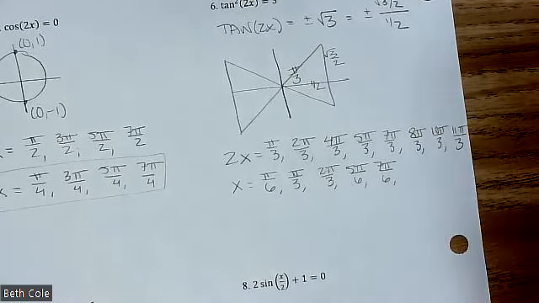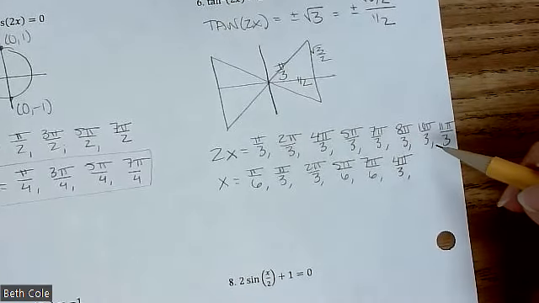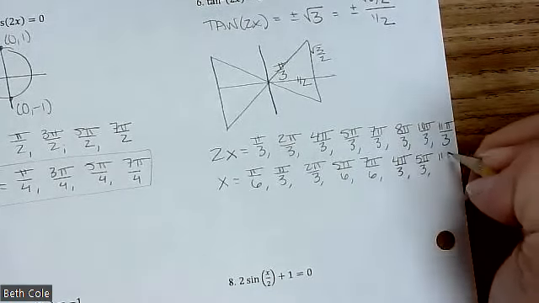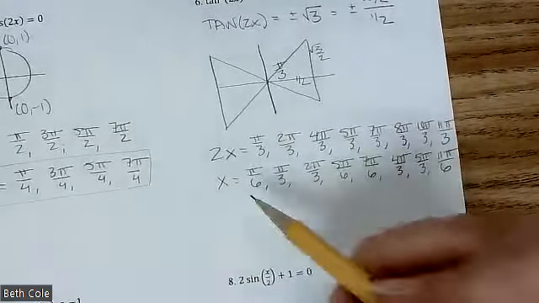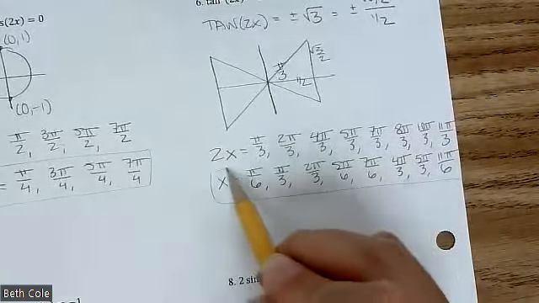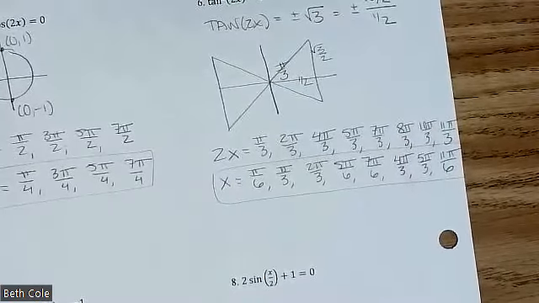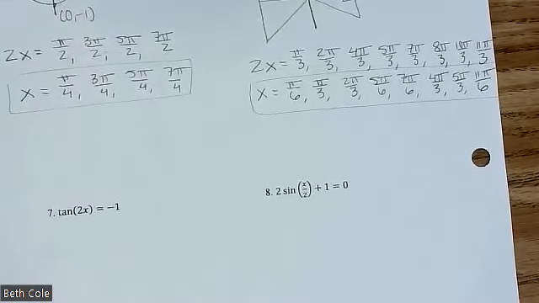And then you'd have 8/6, which is 4/3, 10/6, which is 5/3, and then 11/6. You guys did it. I wouldn't give you more than 8. I think that's like the maximum I would go there.